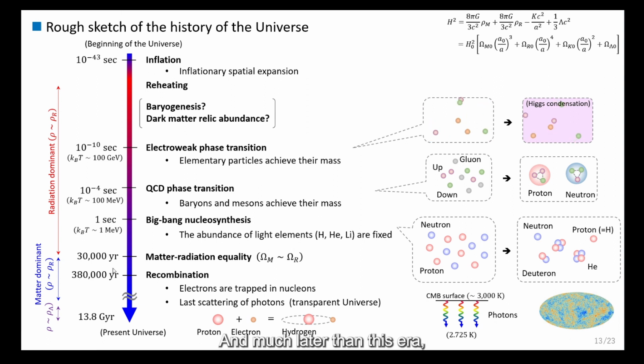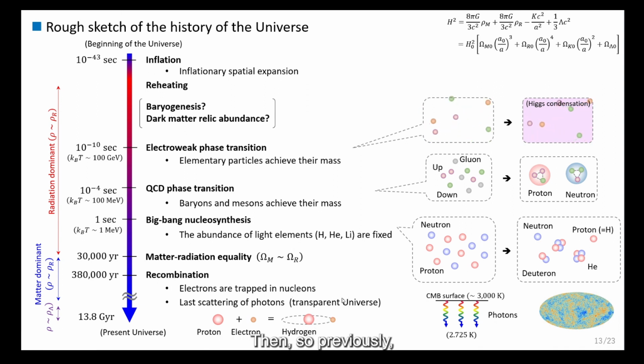And much later than this era, around 380,000 years, this time region corresponds to the electron volt energy scale. Then next, what happened is that the proton binds the electrons, and that forms hydrogen or other atoms.